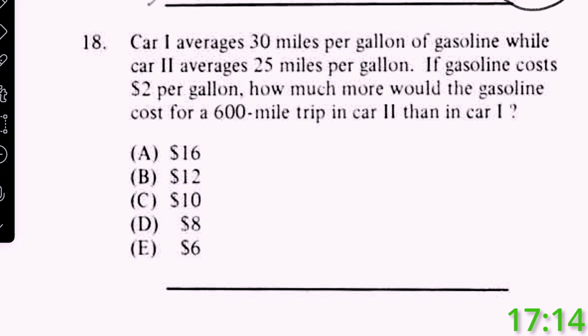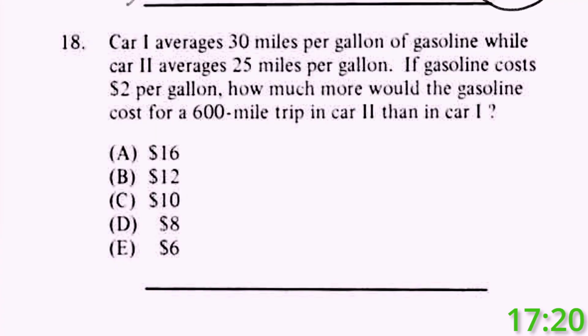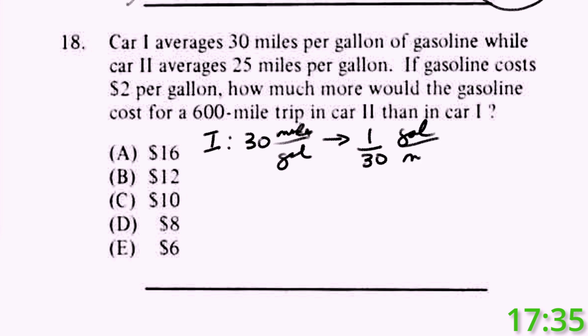When I took chemistry, we called this dimensional analysis. For car number 1, I get 30 miles per gallon, which tells me I get 1 over 30 gallons per mile.